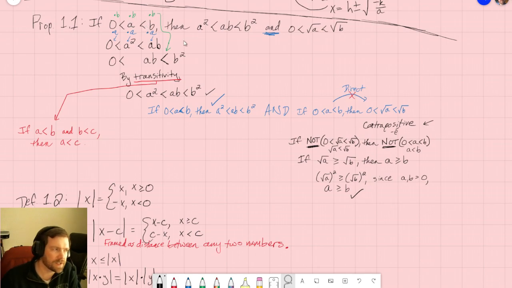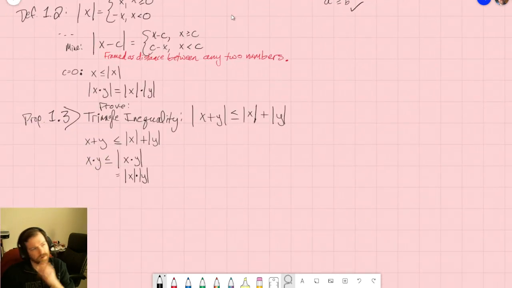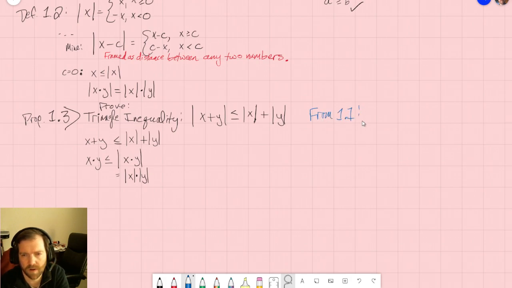If a is less than b and they're positive, then the square root of a is less than the square root of b, and a squared is less than b squared.